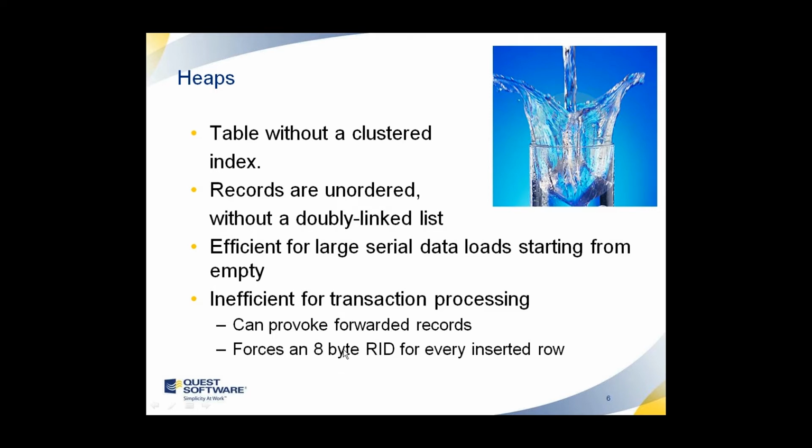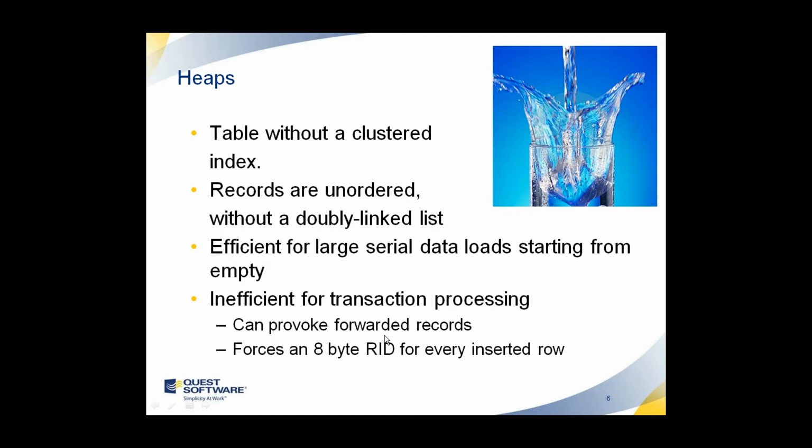After that alteration, it will write the rest of the data elsewhere, and it has to use this row ID to forward SQL Server onto the next part of the record to find that data. That can be an indication that you've got heaps set up in a way that is not very efficient and would benefit from a clustered index.